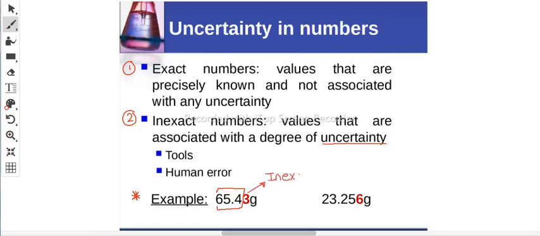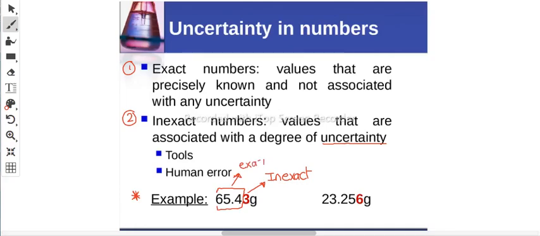So this is inexact. Here comes the uncertainty. So I'm not sure whether this number is correct or not according to the sensitivity of my balance. It could be 3, it could be above as 4, it could be below as being 2. But the 65.4, it is considered the exact number.